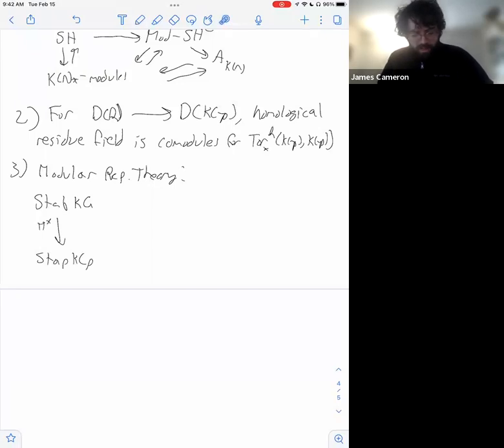So this functor is not a tensor functor. It's not monoidal. So our theory kind of doesn't get off the ground at all, which is a little frustrating.